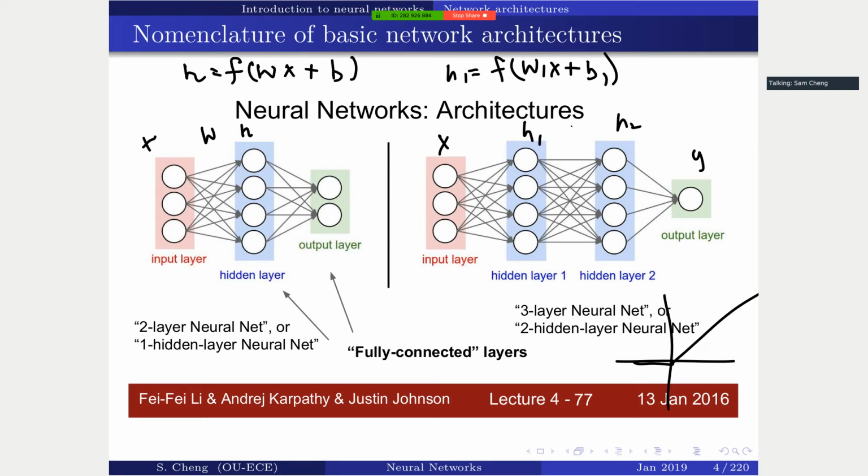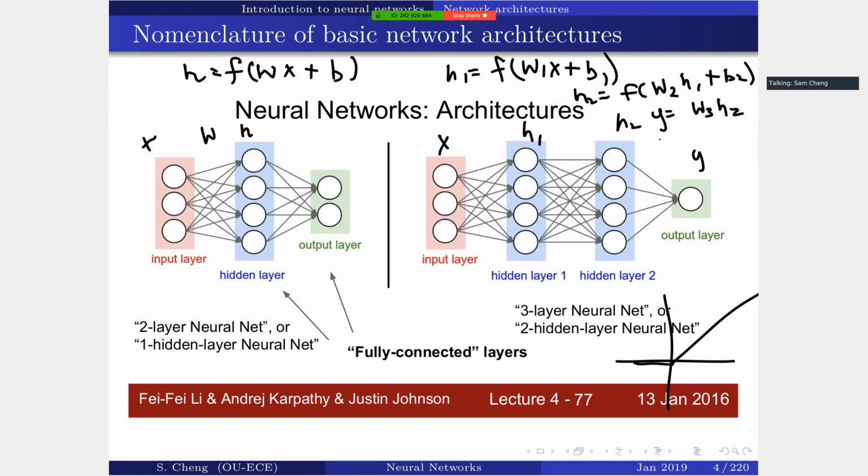And then maybe I have another layer, H2 is equal to f of W2 times, sorry, should be H1 plus B2, let's say, and then I have Y is W3 times H2, let's say. Here it depends on whether I have a regression problem, maybe that's it, right?